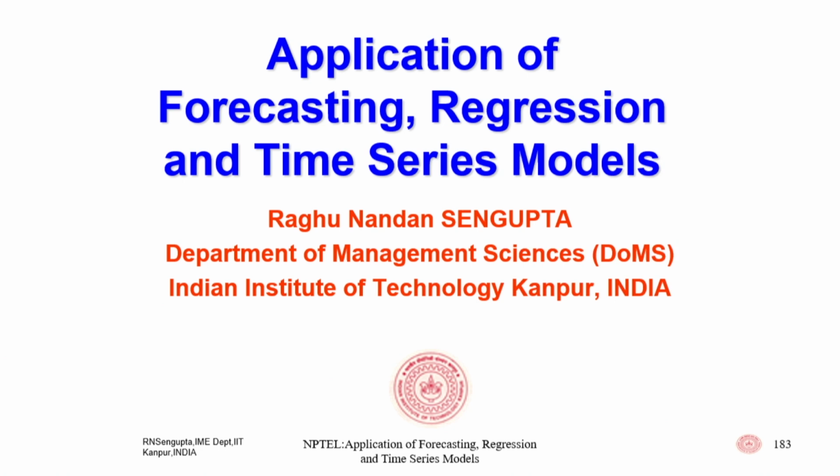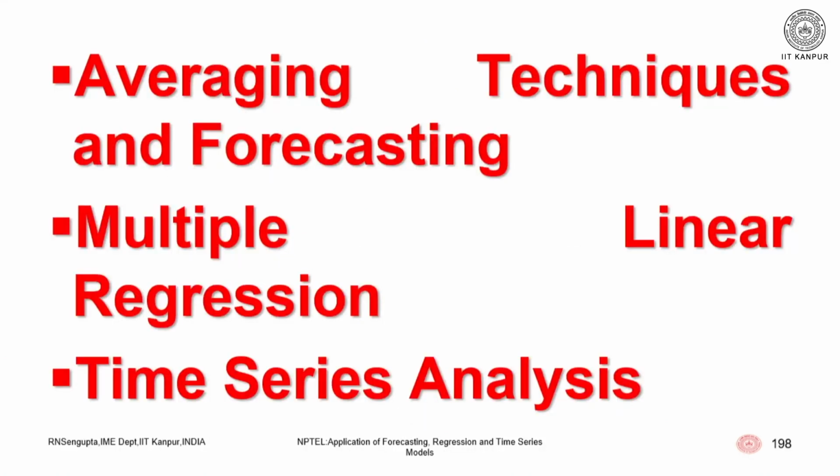As I start each session or class, this is the way I go. As you know, there are three main areas of emphasis for this course: one is averaging technique forecasting, number two is regression models, and number three is time series analysis.